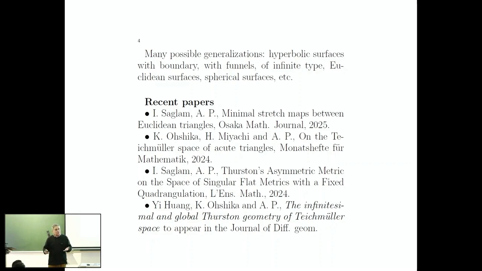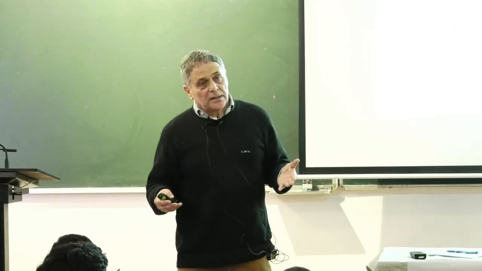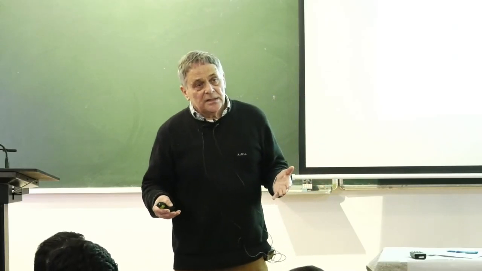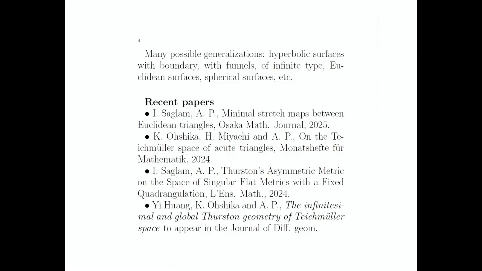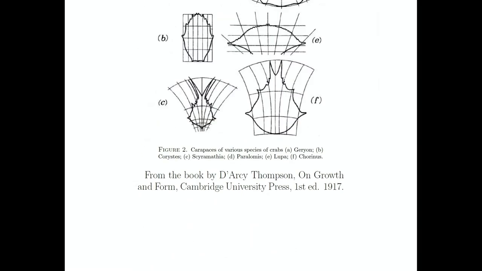I want to put a metric on this space of triangles in the plane, and I want to study the properties of this metric. And there are a lot of very good questions on this space.